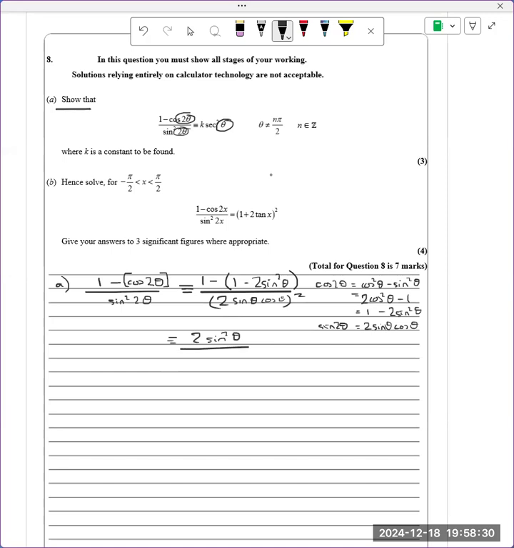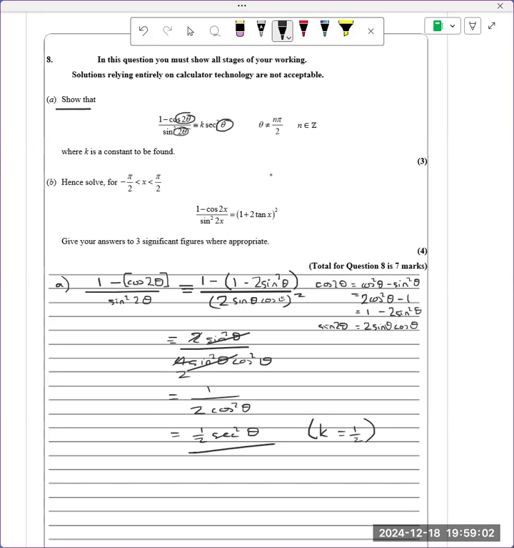The denominator is 4 sine squared theta cos squared theta. So actually what cancels is the whole of the sine squareds, and that becomes a 2. So you're left with 1 over 2 cos squared theta, which is a half sec squared theta. Okay, so K is equal to a half.